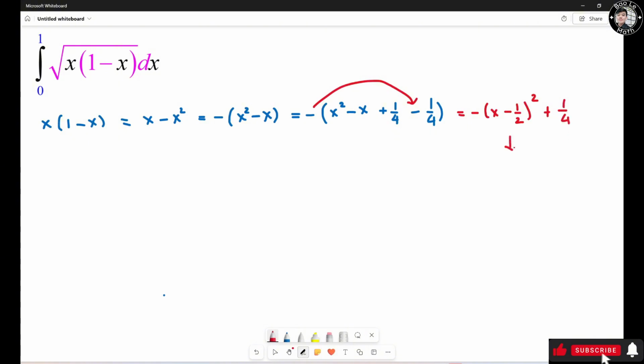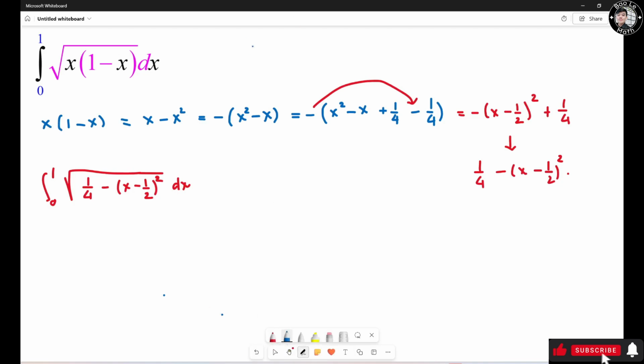This is the same thing as 1/4 minus (s minus 1/2) altogether squared. Now I'm going to bring this back to the original integral, so it turns out to be the integral from 0 to 1 of the square root of 1/4 minus (s minus 1/2) squared ds.